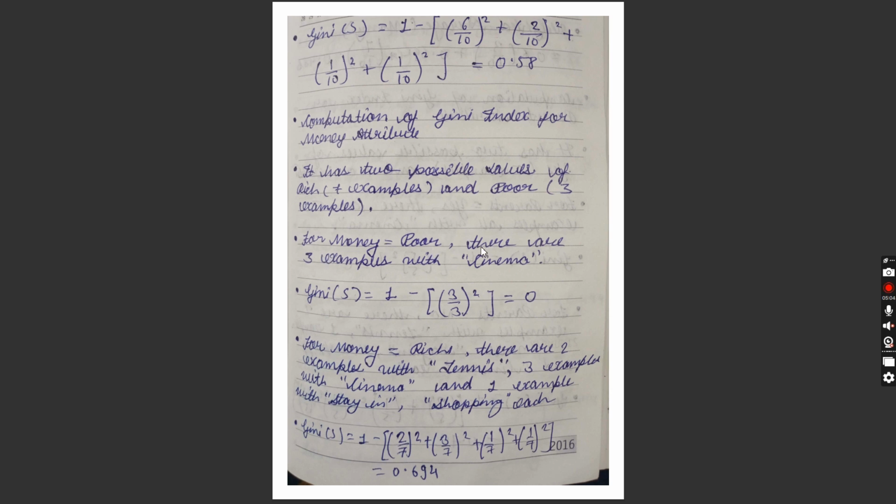For money equal to poor, there are three examples with cinema. So the Gini index for this is 1 minus (3/3) squared, which is equal to 0. For money equal to rich, there are two examples with tennis, three examples with cinema, and one example each with stay in and shopping. So we will calculate the Gini index for this using the formula which we used earlier.